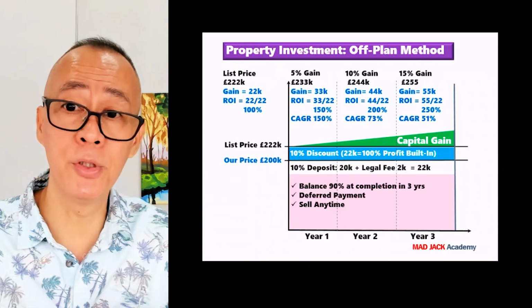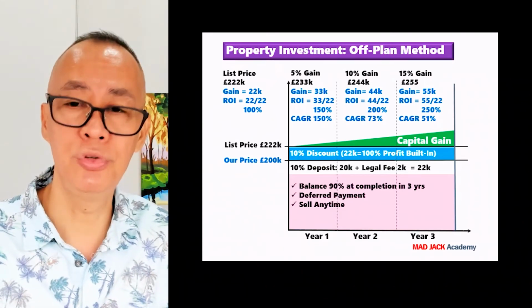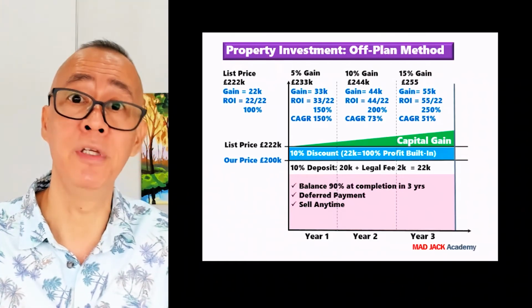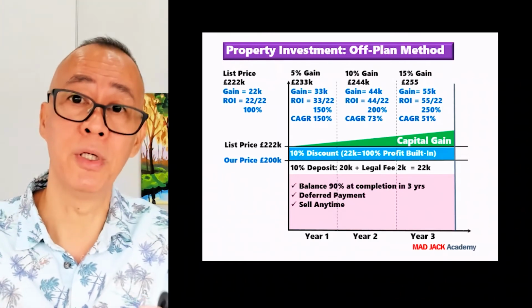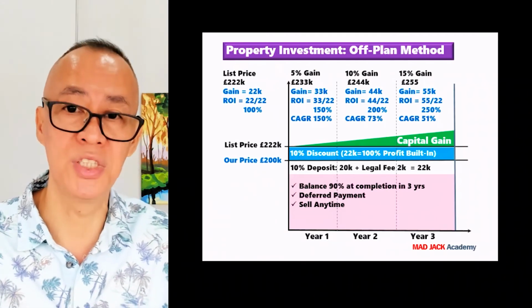If you are able to compound, like what we do, we are able to double your money every 2-3 years. Say you double your money every 3 years, it's a compound annual growth rate of 26%.